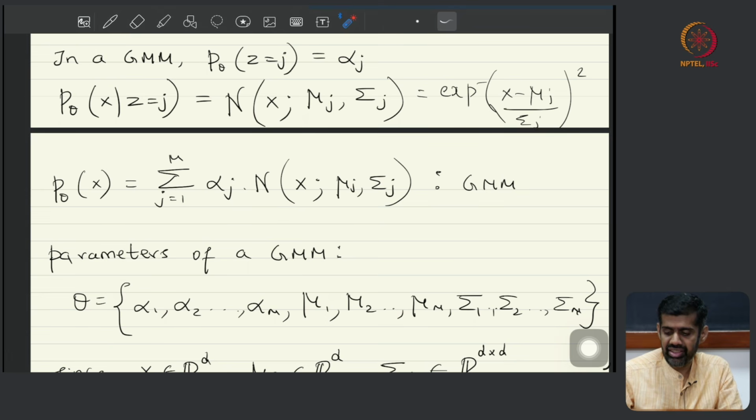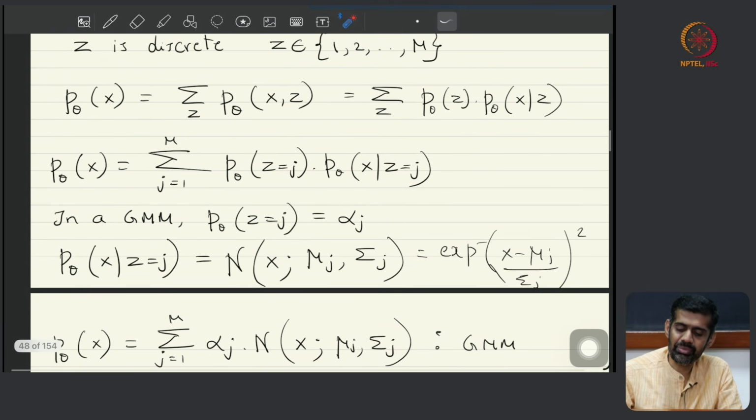So this is what a Gaussian mixture density is. It is also called a mixture density because the final model density is a convex combination of multiple Gaussian densities. Why is this happening? It is because the definition of the latent variable model is that it is the marginal over the joint distribution. The joint distribution can be written as the product of the marginal over the latent variable times the conditional.